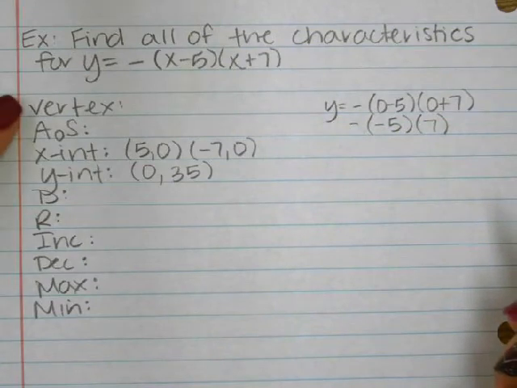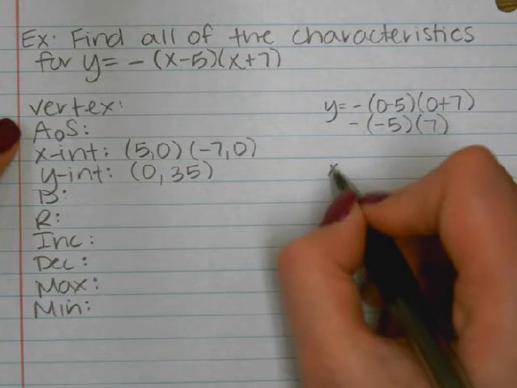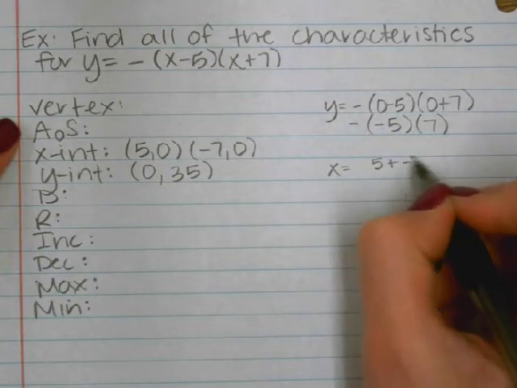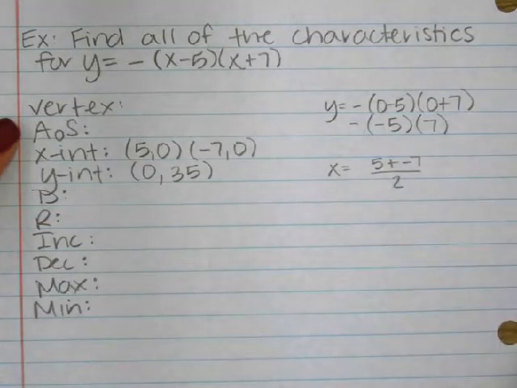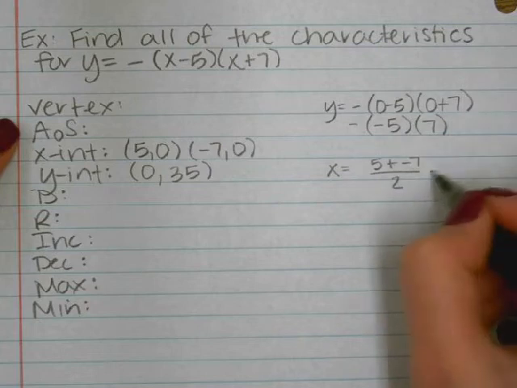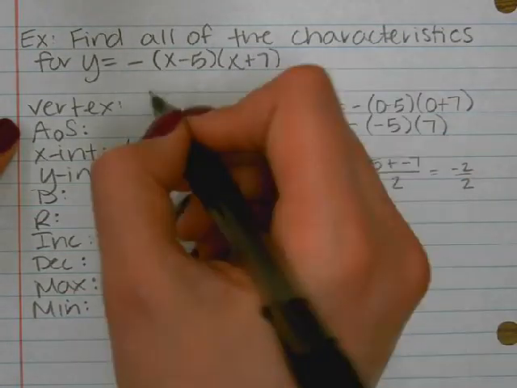I know that to find my vertex and my axis of symmetry, for me to find that x value, I have to take the two x-intercepts and add them together and divide by 2 to find the middle. So 5 plus -7 is -2, over 2, so that gives me -1.